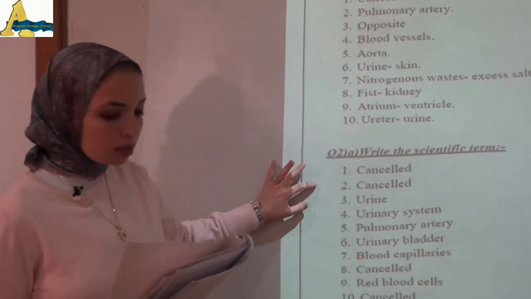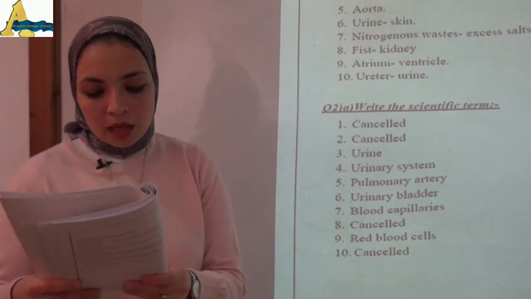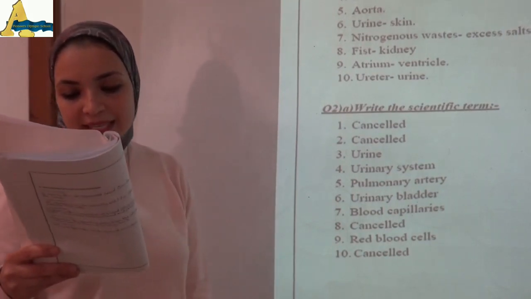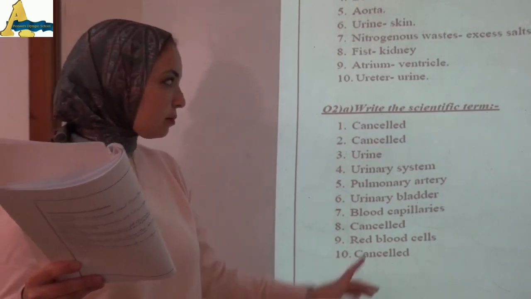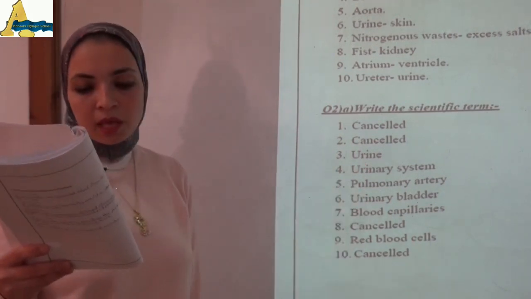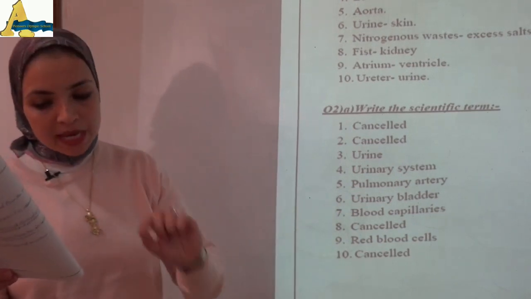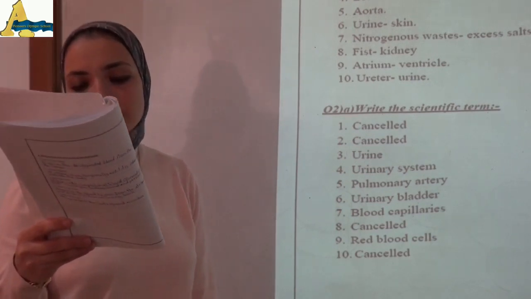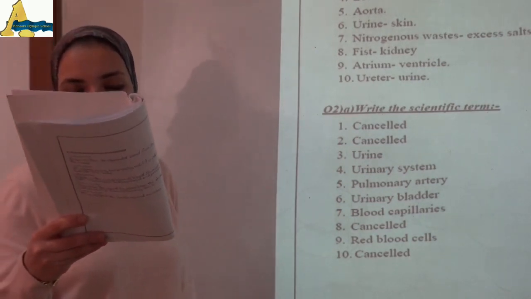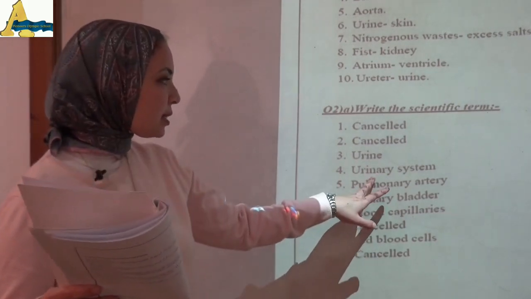Question number 2, write the scientific term. The fluid produced by the kidneys that contains harmful substances: urine. The group of organs, the system that clears the blood from the wastes and harmful substances: it's the urinary system.